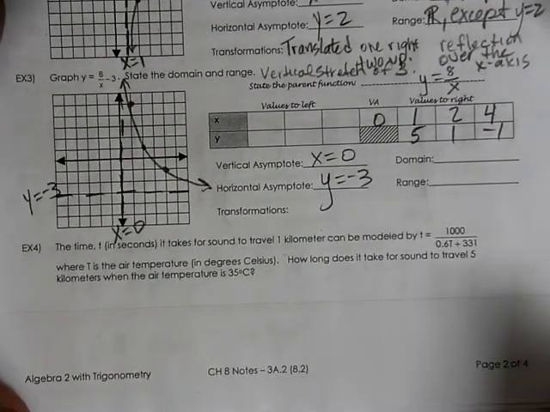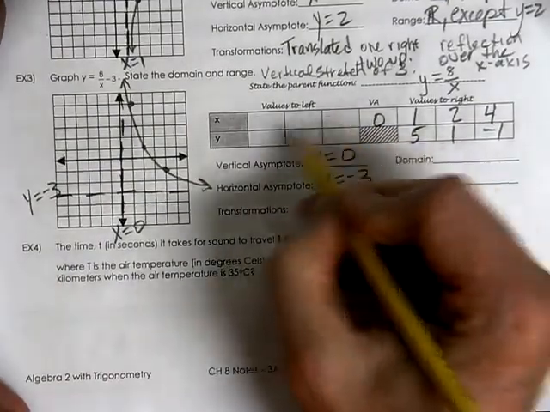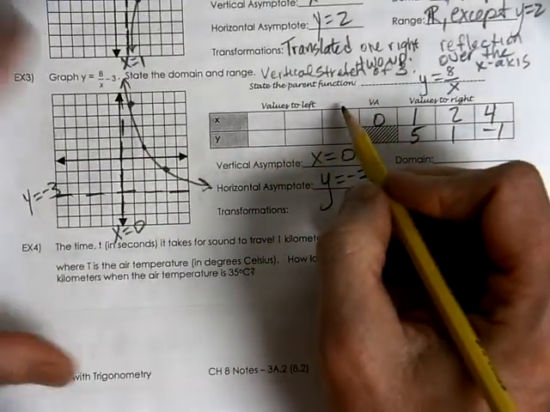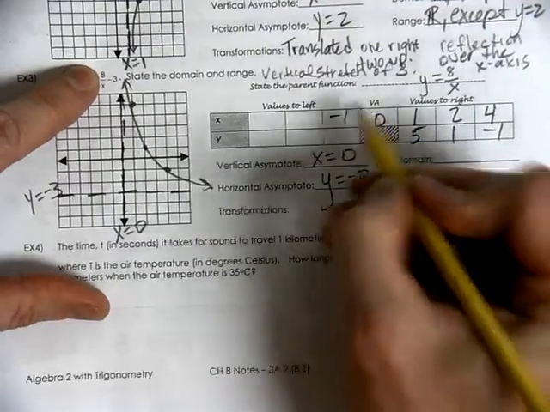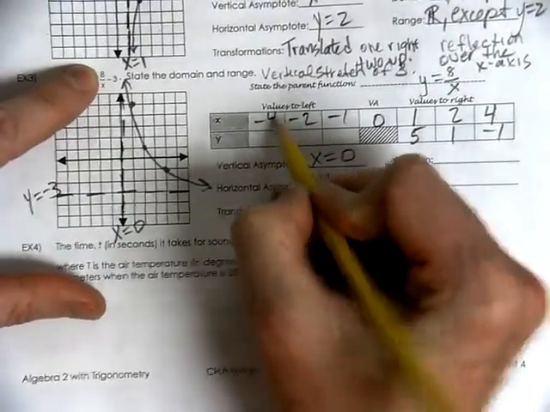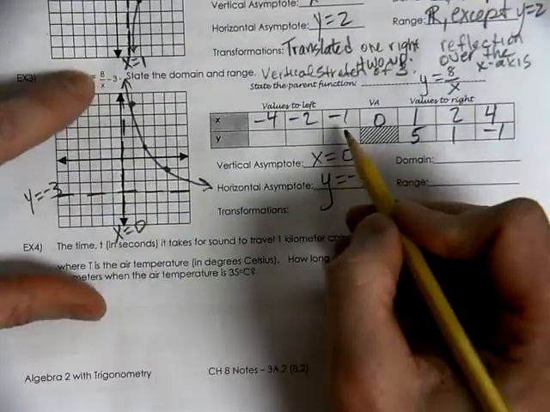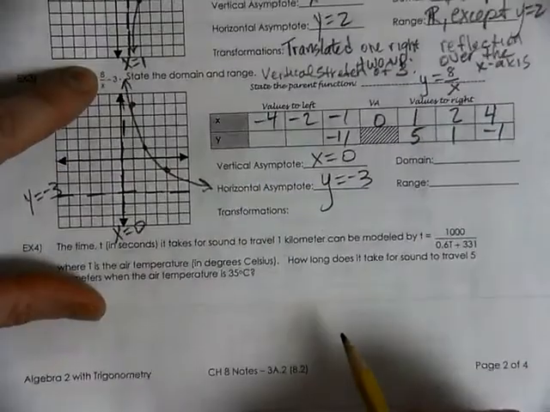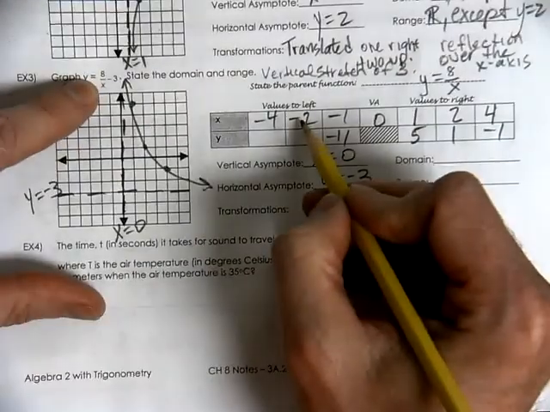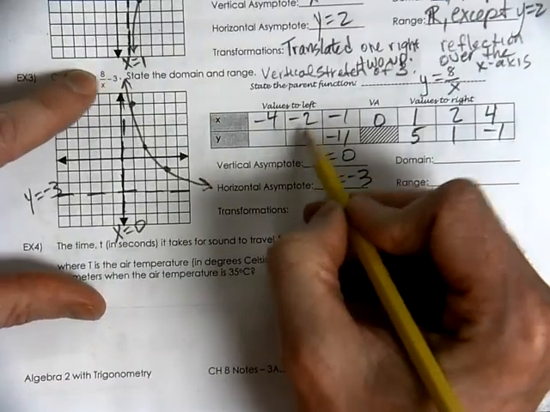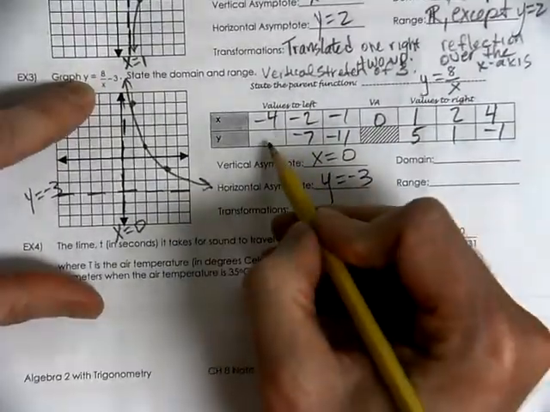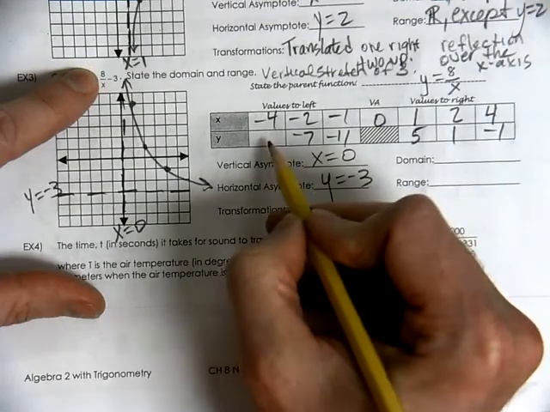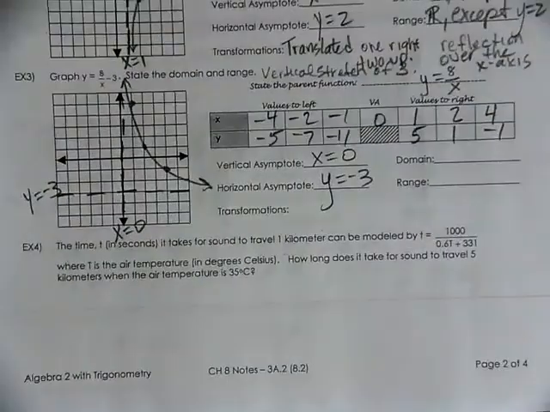Then we can pick numbers to the left. Doesn't matter which numbers, probably numbers that go into 8 nicely, like negative 1, negative 2, and negative 4. Negative 1 goes in there negative 8, minus 3 more. Negative 4, minus 3 more. And negative 2, minus 3 more.